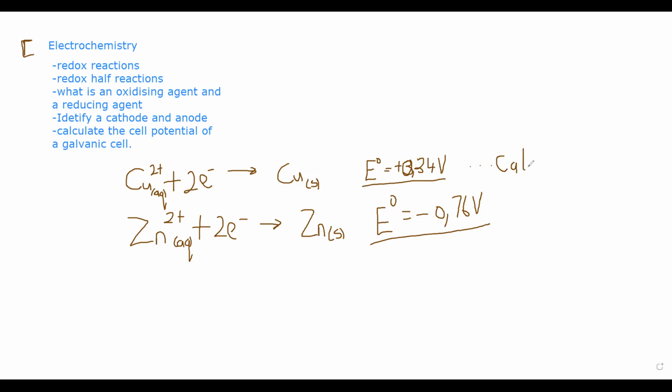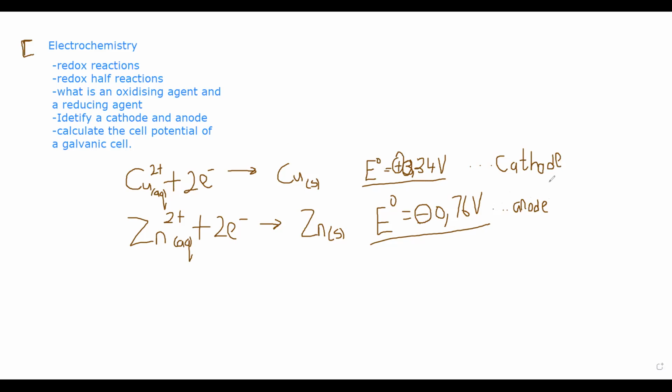So copper is gonna be the cathode. And zinc is gonna be your anode, just because of these signs, because zinc is negative and copper is positive. So zinc is gonna be your anode. Do you understand so far? Yes, sir.